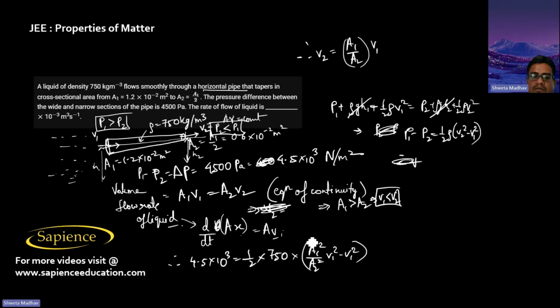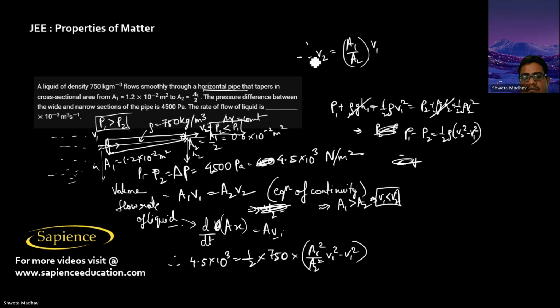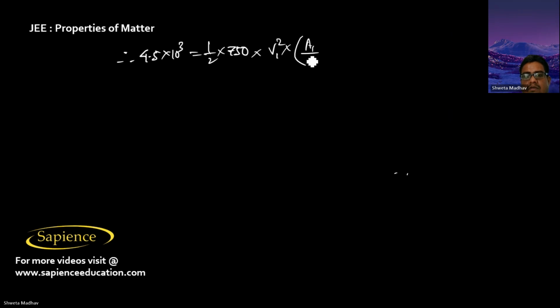So then we'll get 4.5 into 10 power 3, that is equal to 1 by 2 into 750 into V1 square, I can take as common, and A1 by A2 whole square minus 1.